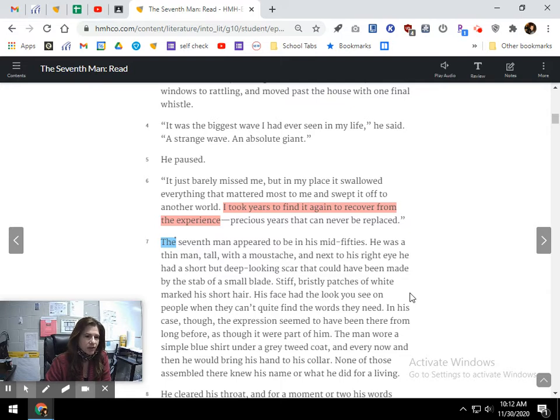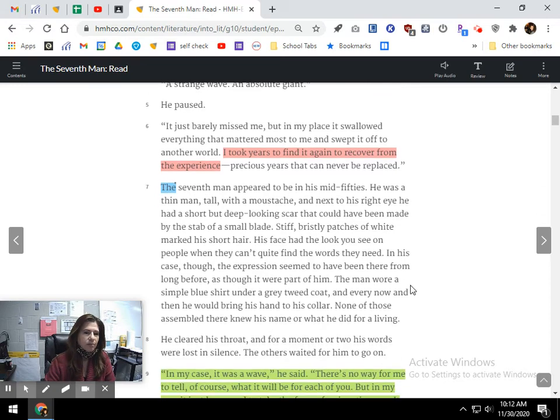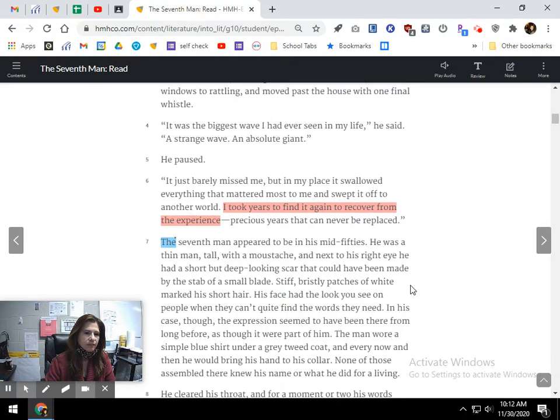In his case, though, the expression seemed to have been there from long before, as though it were a part of him. The man wore a simple blue shirt under a gray tweed coat, and every now and then he would bring his hand to his collar. None of those assembled there knew his name or what he did for a living.